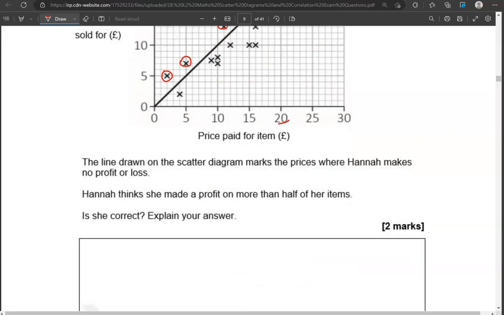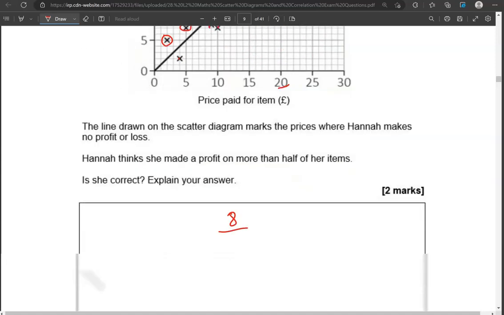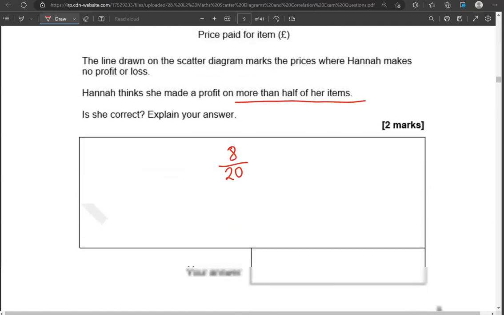So that is 8 out of the total, which is 8, 9, 10, 11, 12, 13, 14, 15, 16, 17, 18, 19, 20. So that is 8 out of 20. Is that more than half? No, because half would be 10. So we're going to say no.